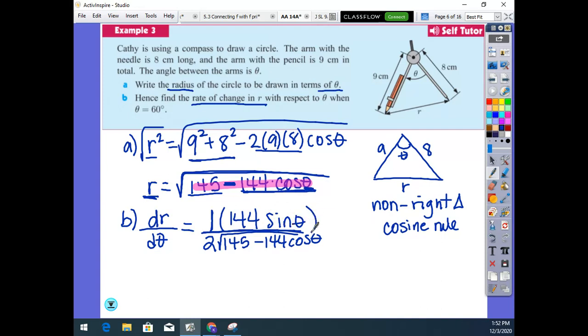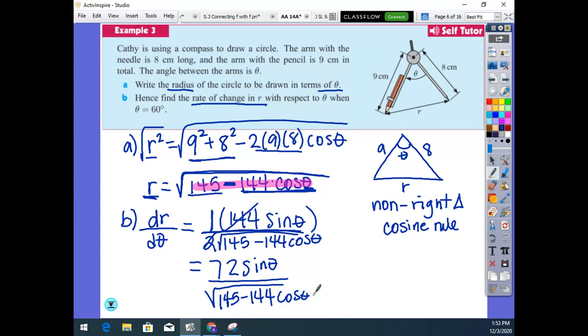Okay. Now we can simplify this a little bit. 1 times 144 is just 144, but then I can cancel out the 2. So I get 72 sine theta over the square root of 145 minus 144 cosine theta.